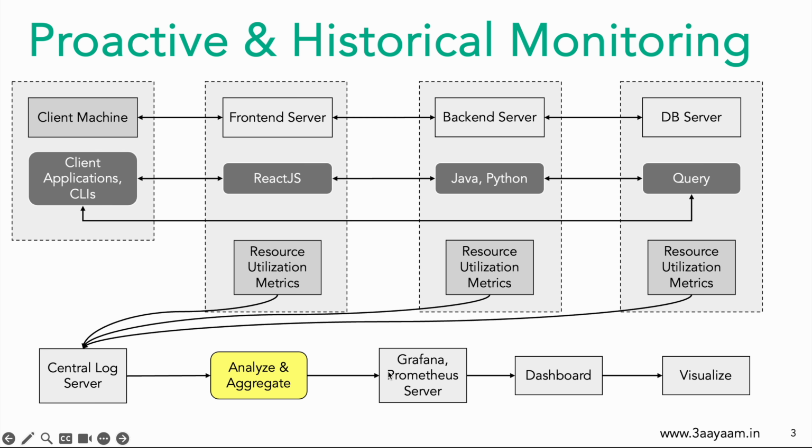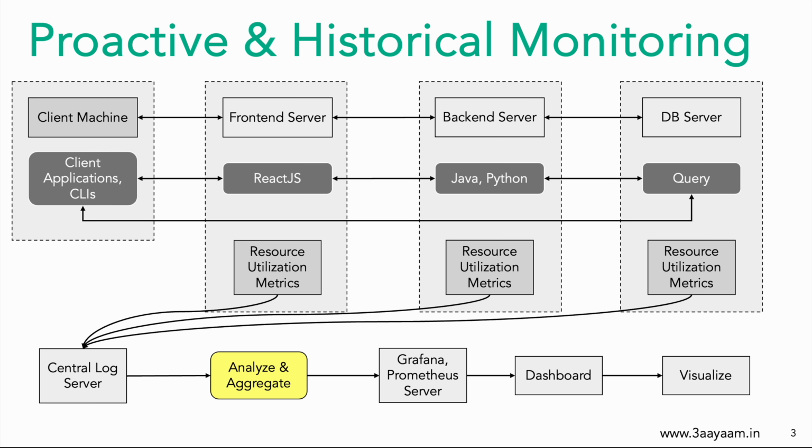Whenever we store the data there, it is typically stored in databases, because the monitoring team has to create dashboards from the Grafana or Prometheus server, or any other observability tools that you can think of, let's say OpenTelemetry, etc. These would contain the aggregated data in database servers, and from there the dashboards are created, which are eventually visualized.